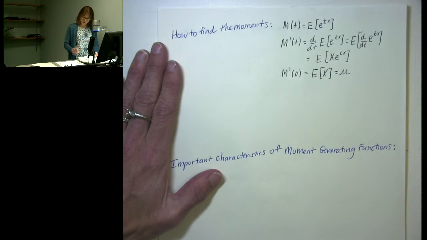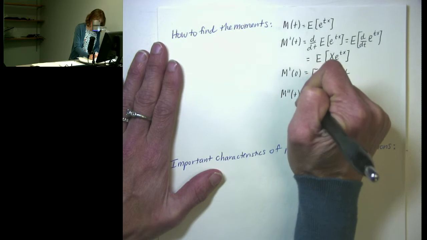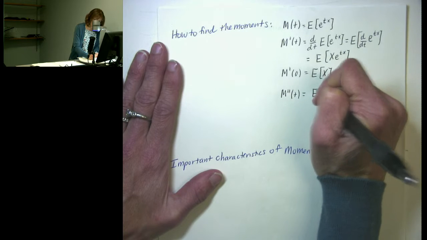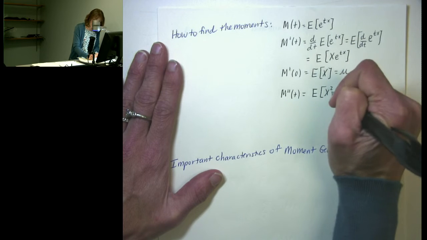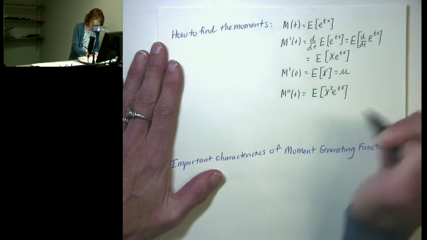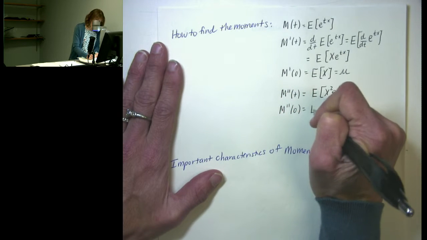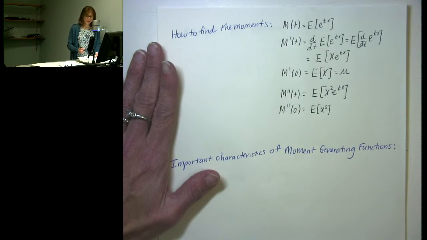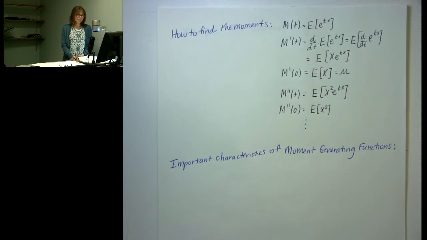If I want to get the second moment of x, I can use similar math to show that the expected value of the second derivative of the moment generating function comes out to be the expected value of x squared times e to the tx. So if I evaluate the second derivative at t equals 0, I get the expected value of x squared, which is my second moment of x. I could continue this to find the third and fourth moments and things like that.